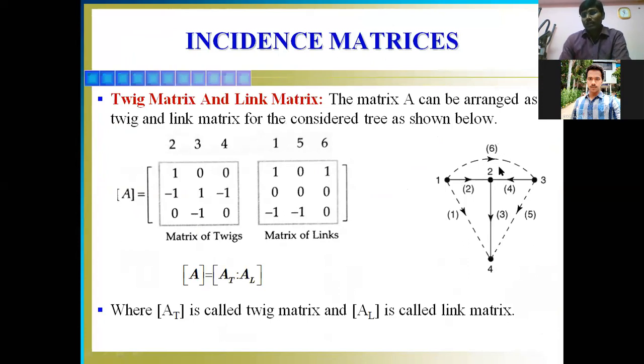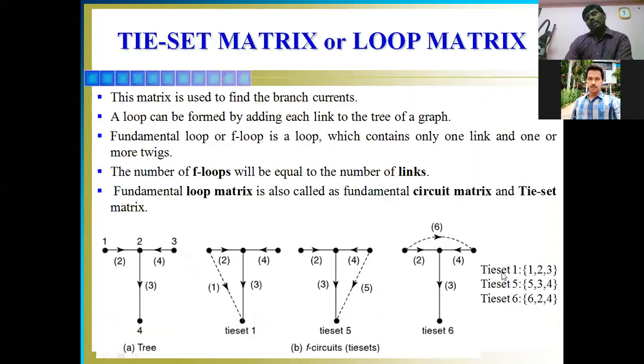The links are the branches of the co-tree, and twigs are the branches of the tree. Suppose 2, 3, 4 is a tree, and 1, 5, 6 are the links. Suppose you add each link to the tree, that forms a single loop.